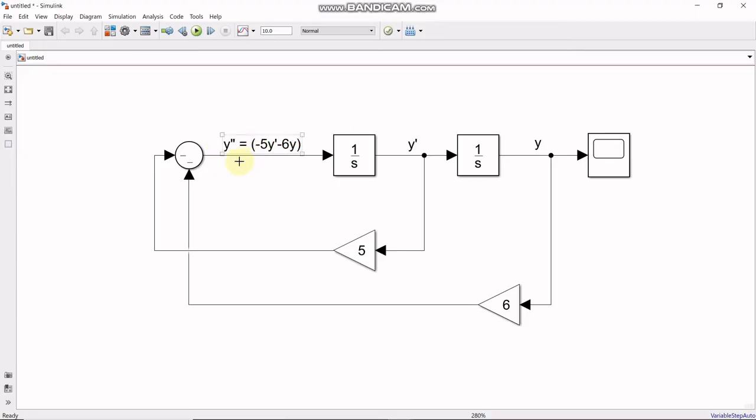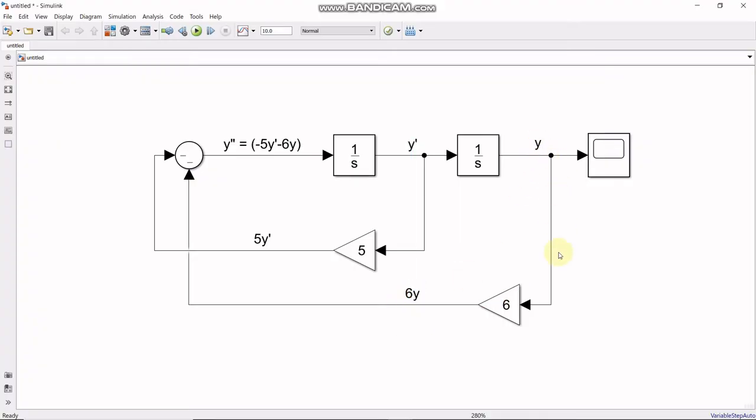So that's the signal that will be on this line. From here, y prime goes into the gain block. We have 5y prime here as the signal on this line, 5y prime, and on this line will be 6y. That's the signal that will be on this line.